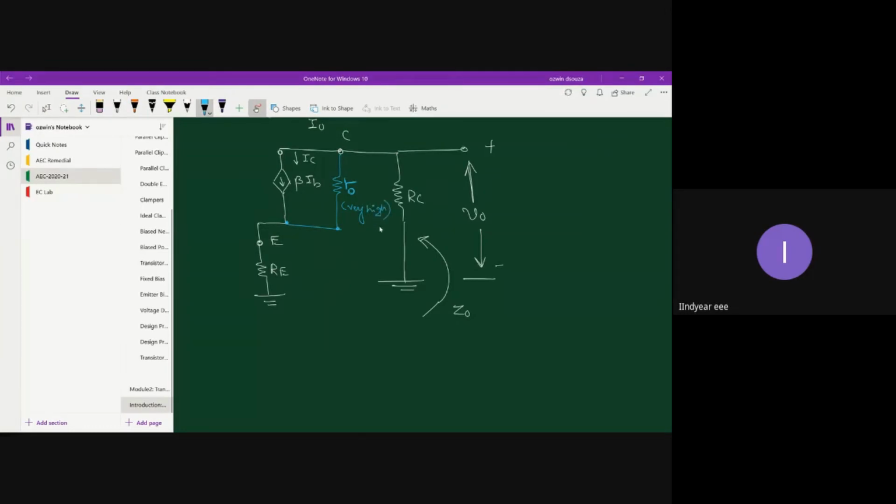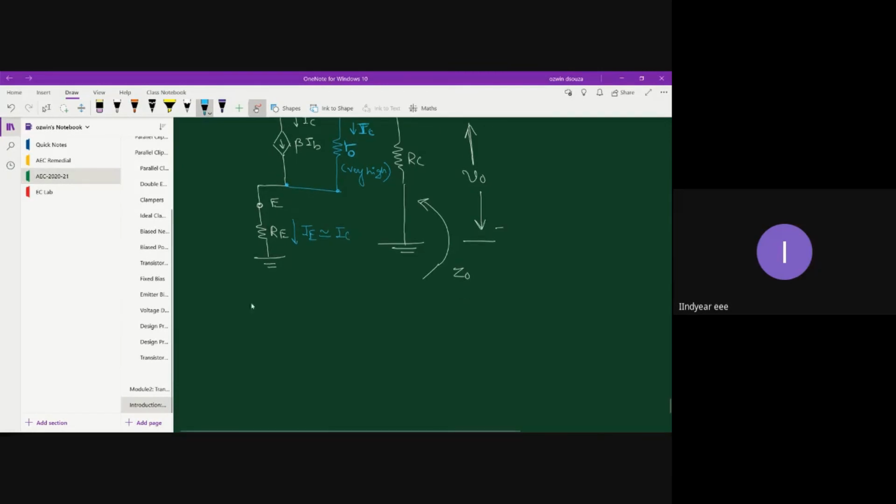Through R0, part of IC flows, let's say IC, and through RE, emitter current IE flows. But this emitter current IE is equal to IC itself.